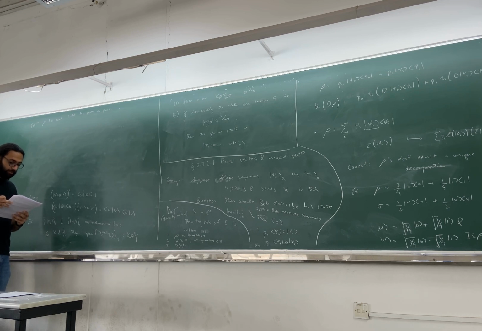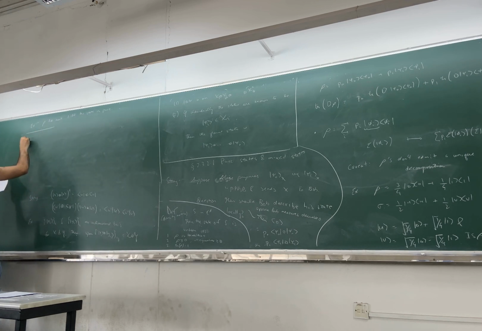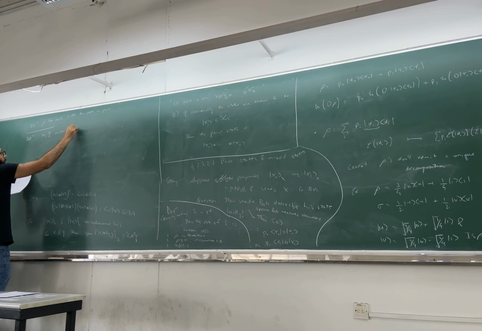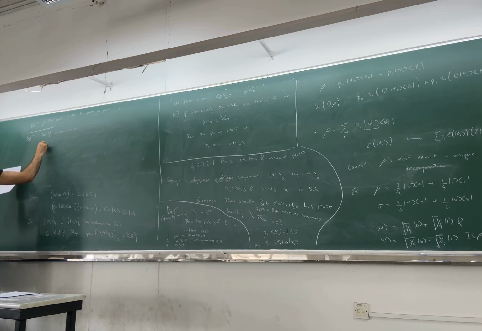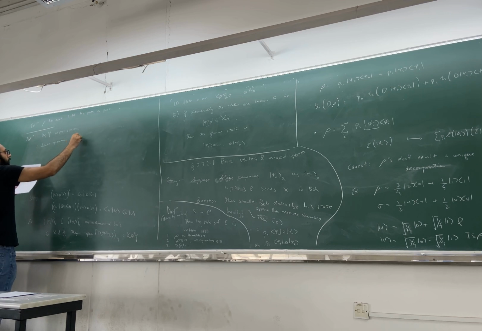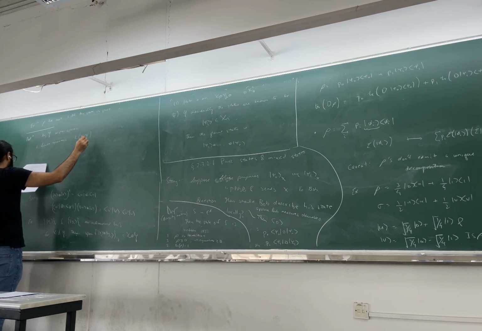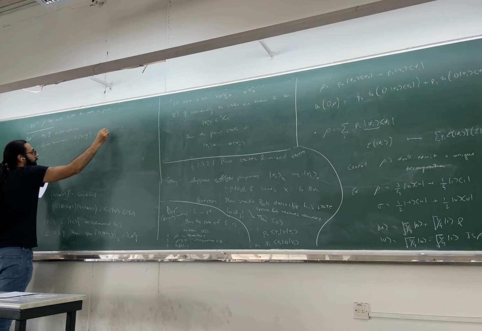Now I'm going to introduce a little bit more notation because it will be useful later. We'll define some sets. X and Y are vector spaces as we've been taking them. The set of linear operators from X to Y is L(X, Y).